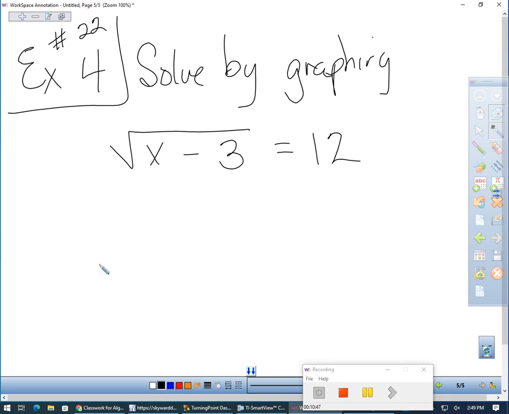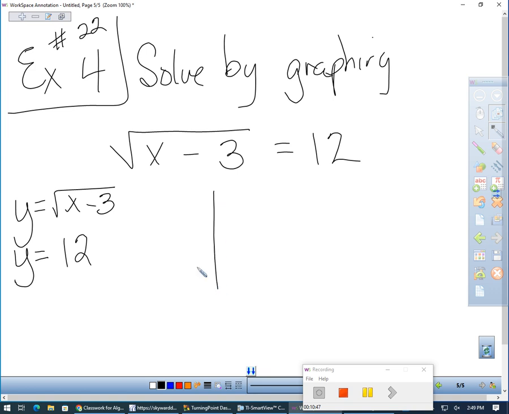If you're doing it graphically, and I'm okay if you want to solve it algebraically, totally good with it. If you want to do it graphically, what the directions in the book mean is that y equals the square root of x minus 3 goes in the first y equals, and y equals 12 goes in the second. This says I have a square root function that does this, and when it just equals 12, it's a horizontal line that does this.